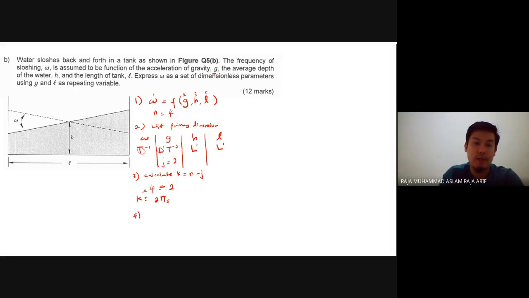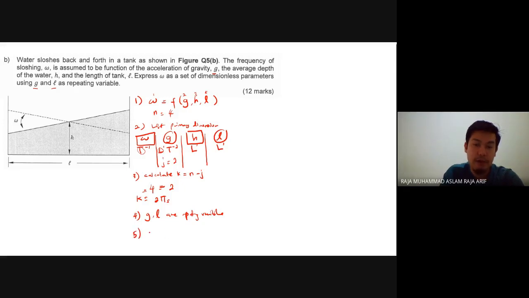And step number 4, choose the repeating variables, but it's given to you: g and L are our repeating variables. So that leaves us omega and h as our non-repeating variables.